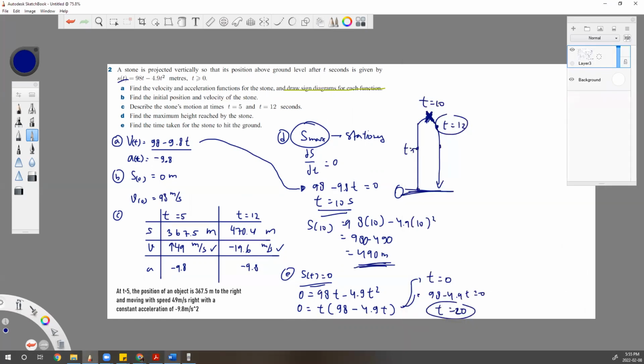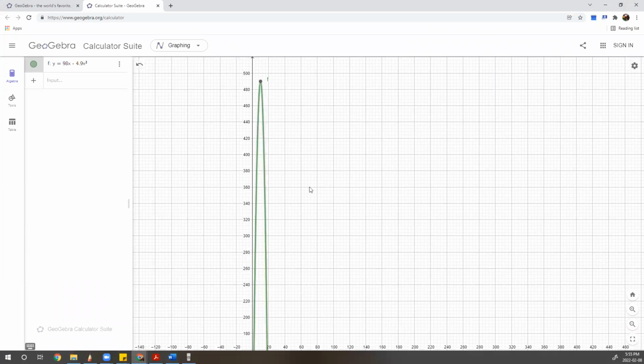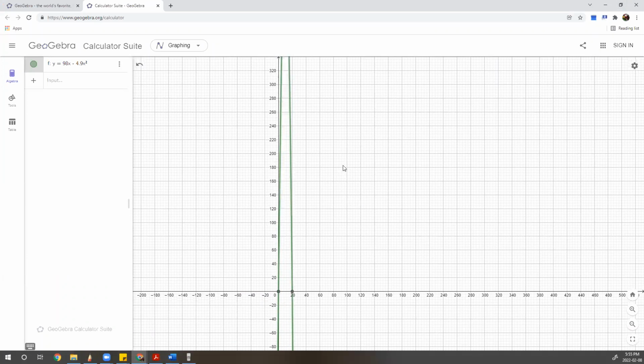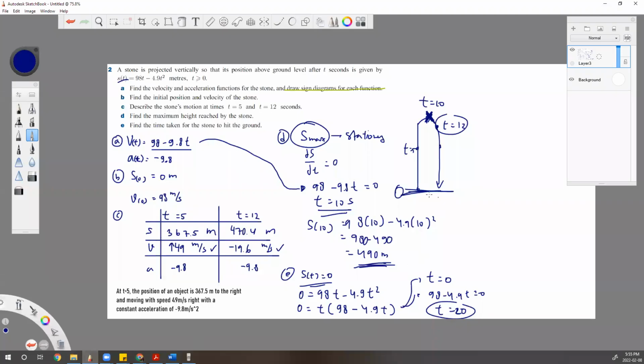So you can imagine that this is the projection of the object that is thrown upwards from the ground with a certain velocity, with the initial velocity v0 of 98 meters per second. It's so fast. Can you imagine in 1 second it travels 98 meters? So it is being pulled down by gravity, slowing until maximum height, and then going down.